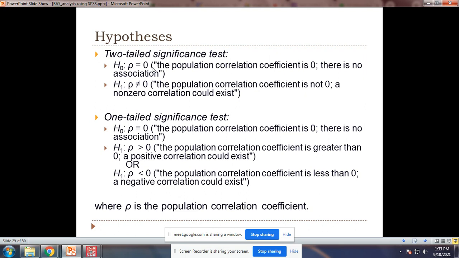The area outside that is known as your alpha value, and if you have this alpha on both sides, then you call it a two-tailed significance test.